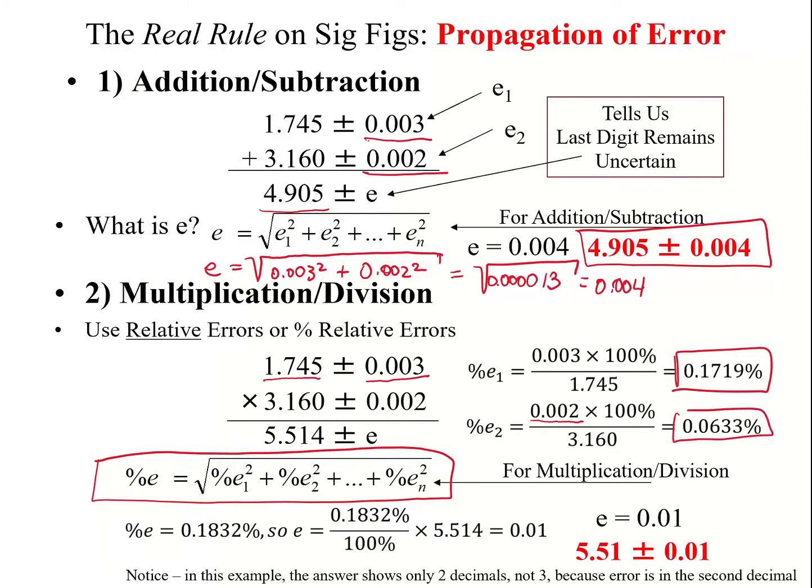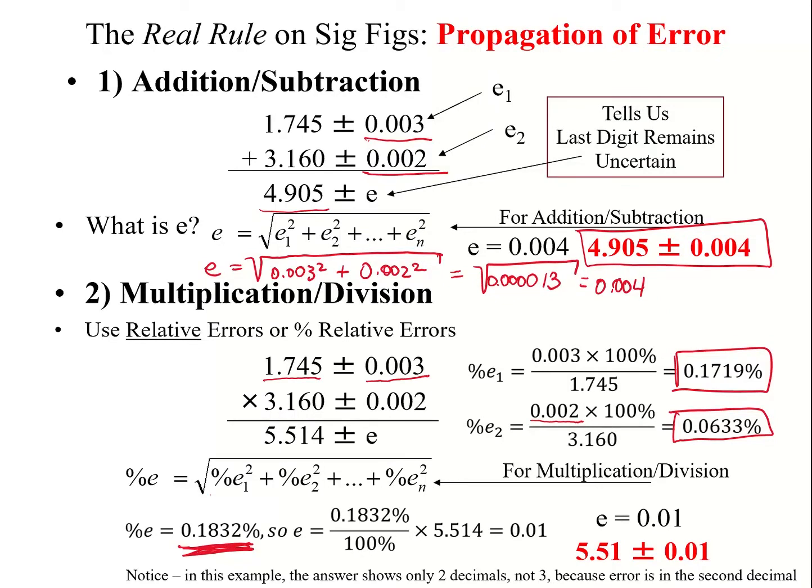So now I have my percent uncertainties ready, and I plug them into the equation, which is similar to the equation for addition and subtraction, but now we use the percent uncertainties here. So once we calculate our answer, we get our percent uncertainty again. And if we want to convert this to absolute uncertainty, we need to find this percentage of the answer.